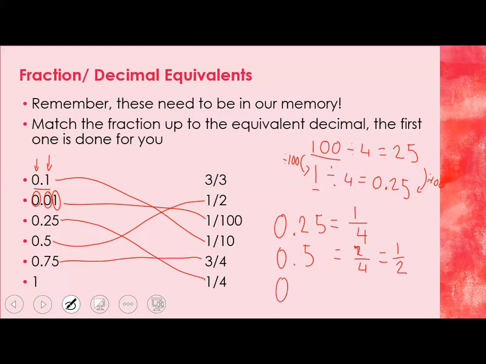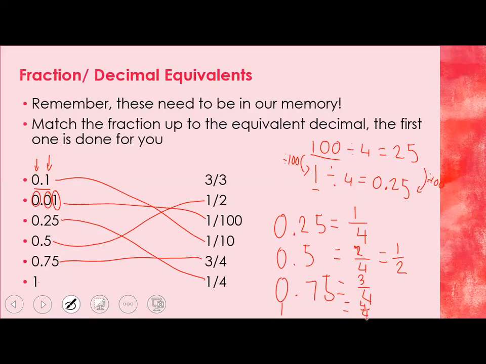And 0.75 is equal to 3/4. And then, of course, 1 is equal to 4/4. So there are all the different ways I'm going to work with quarters. And once I know in my head, remember over and over again, 0.25 is equal to 1/4, therefore all of those other fractions make sense.